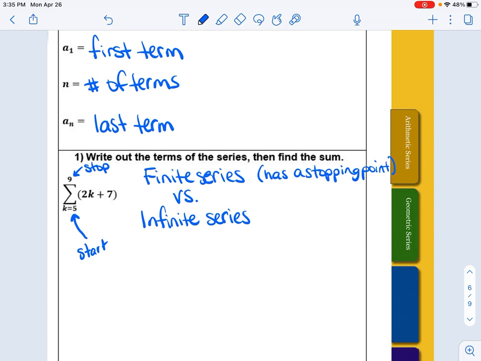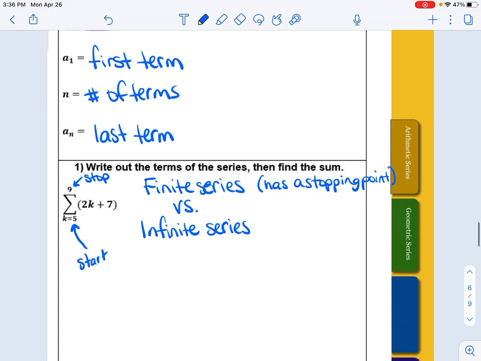We're not actually going to cover that in Algebra 2. Maybe in pre-cal you'll learn about that. That is when you would have an infinity symbol in the top. It just keeps going. Since we have a finite series, we can very easily find the addition of these. An infinite series is much more difficult to work with. Thankfully for you, we're only covering finite.